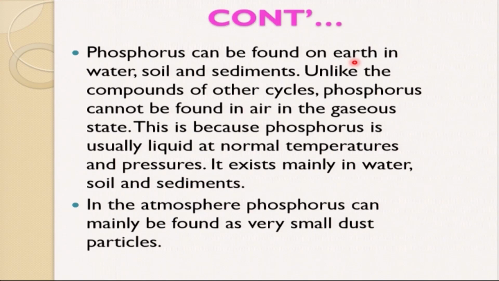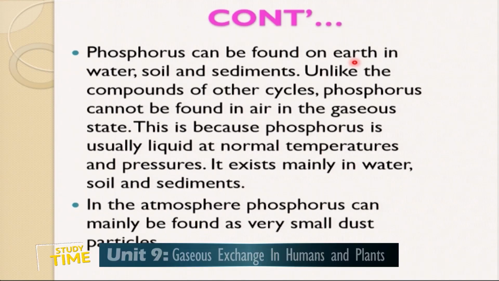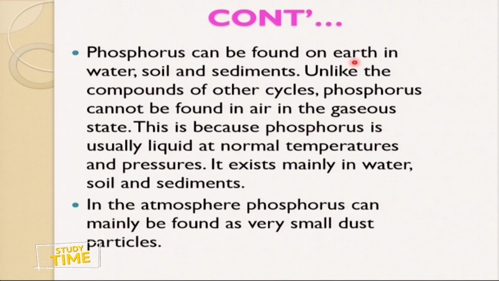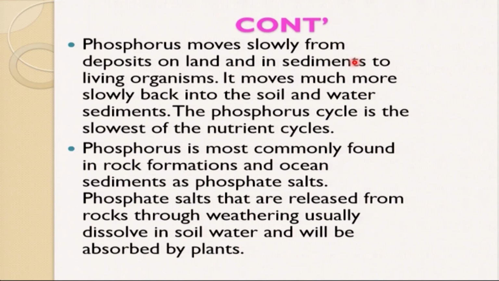It means that the phosphorus cycle is a slow process. Once you find phosphorus in the atmosphere, it is not in a gaseous state. We said phosphorus is normally found in a liquid state, but in the atmosphere it can only be found as small dust particles. Phosphorus moves slowly from deposits on the land and sediments to living organisms.